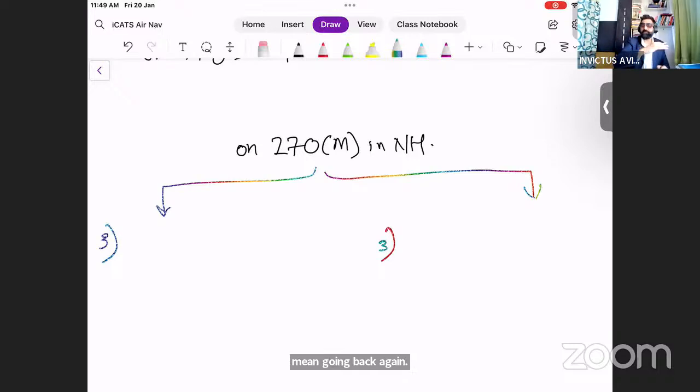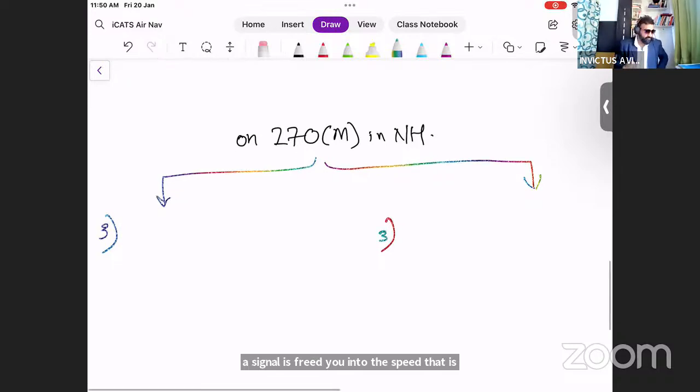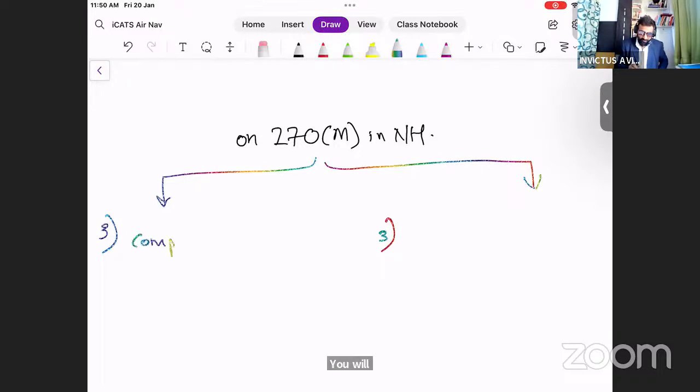Acceleration will mean picking up speed. Like when you see a speed breaker, if you're riding a cycle, bike, driving a car, you slow down. That's deceleration. When you see an empty highway or a signal is free, you increase the speed. That is acceleration. So on 270 magnetic heading in the northern hemisphere, you will write: your compass overreads in acceleration error.